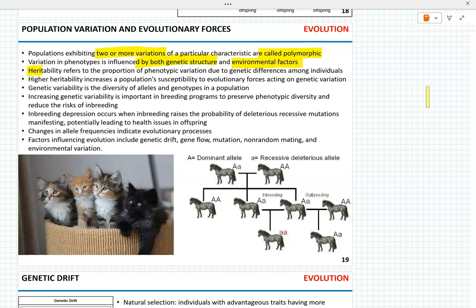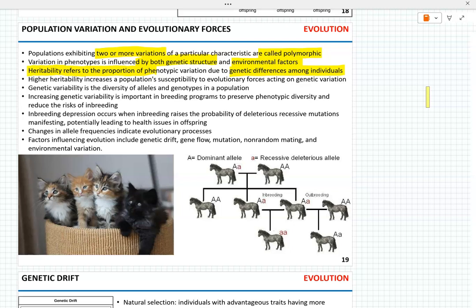Now, the term heritability refers to how much of the particular phenotypic variation is because of the genetic difference among the individuals. Some changes may not be heritable. So by and large, body mass, being obese or overweight, to a large extent depends on non-genetic factors.